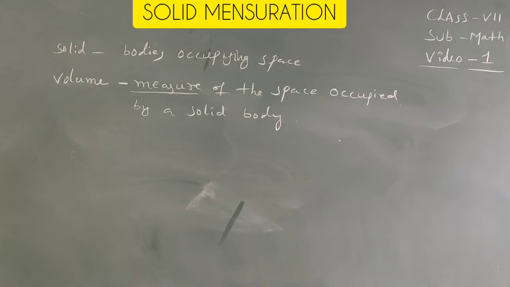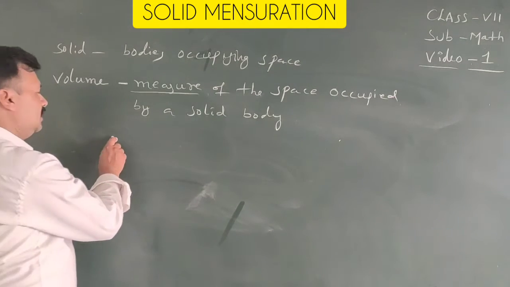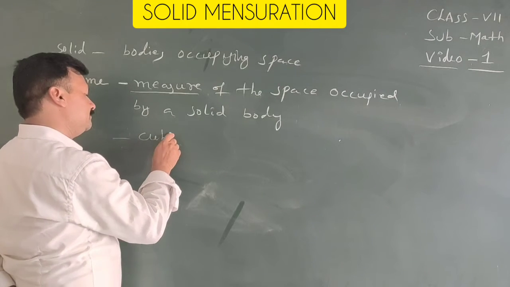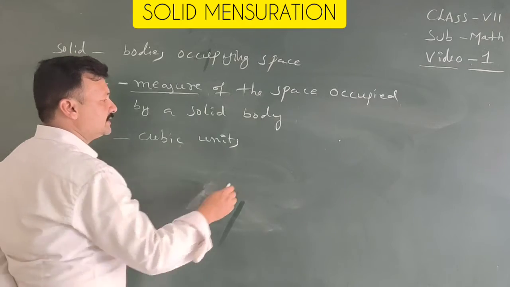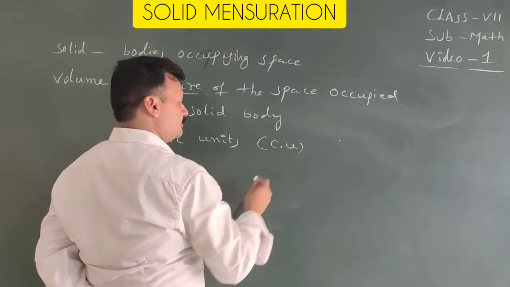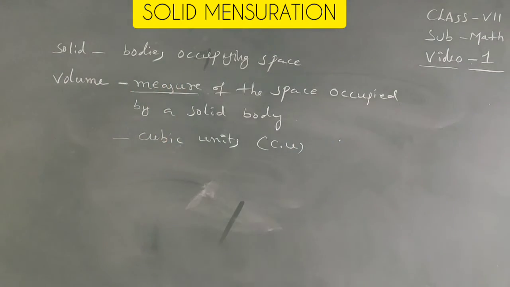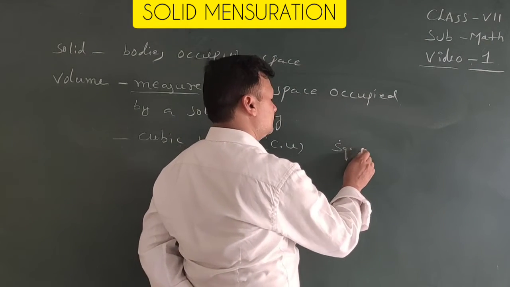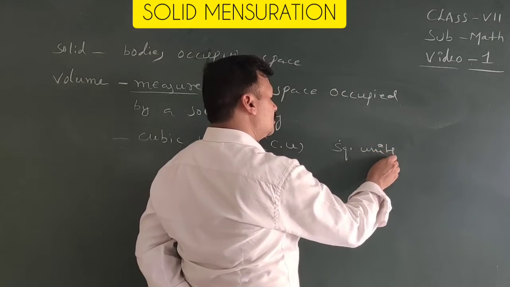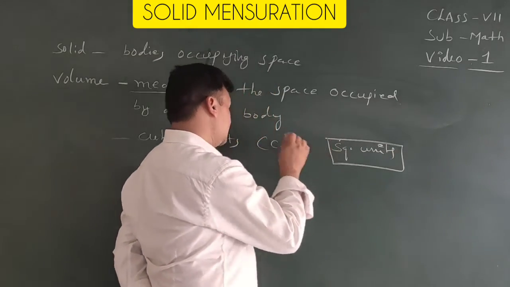In general, volume is measured in cubic units, while plane figures are measured in square units. Here, cubic units, because it has 3 dimensions.